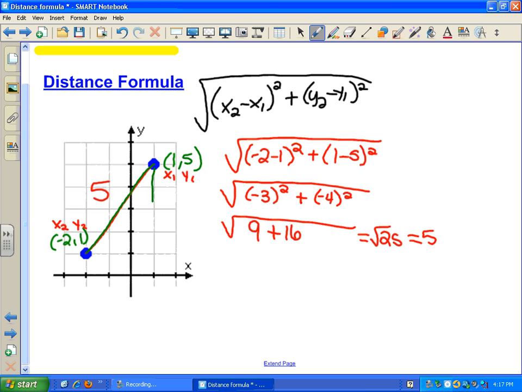I can also draw a triangle and show a triangular relationship between those points. And the triangle I drew was actually a right triangle. So since I have a right triangle, I can apply the Pythagorean theorem.